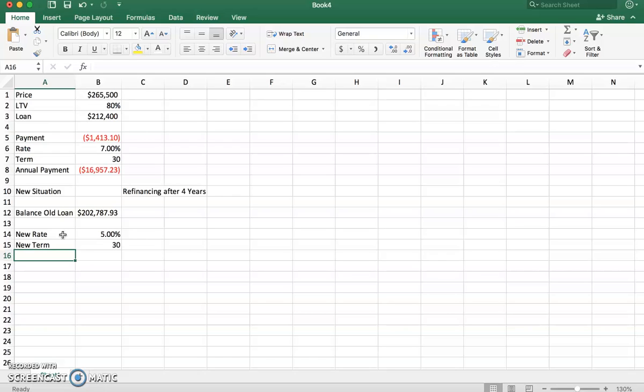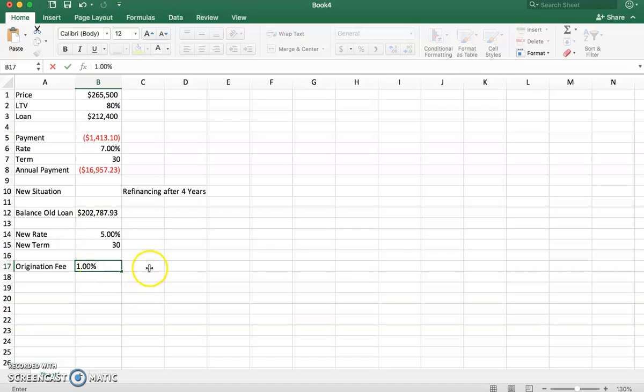And so now here are some of our costs. We have our origination fee from the bank, and that is 1%, so I'm going to put that in here. Well, actually, I'm going to put that over here. Now that we know that that's 1%, it's pretty easy to calculate.